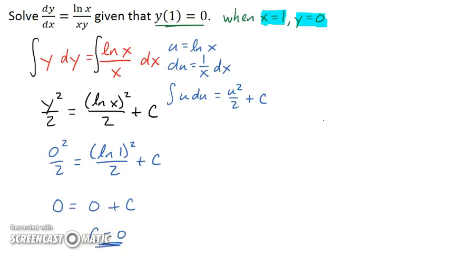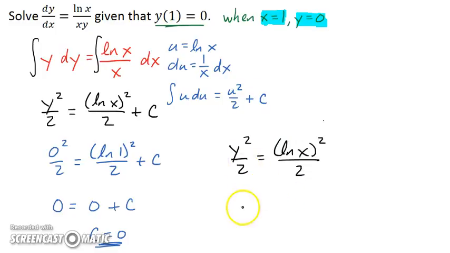And that's okay. So really, when I go back to this step here, if I plug a 0 in here, I really can just leave that off, can't I? I get y squared divided by 2 equals ln of x, quantity squared, divided by 2.